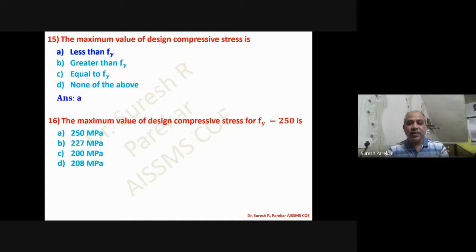For Fy equal to 250 MPa, that comes to 227 MPa. Now from where will we get this? You can see this FCD should be less than or equal to the maximum value Fy upon gamma mo, which is 1.1, so 250 upon 1.1 comes to 227 MPa.